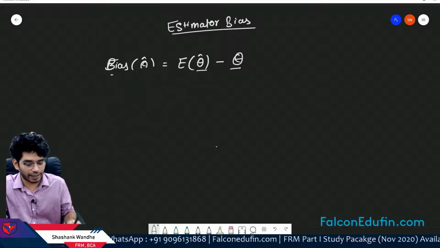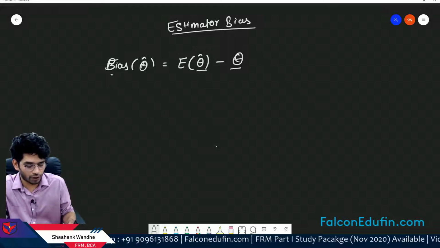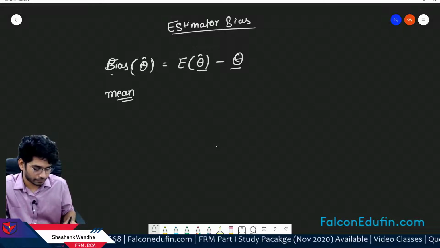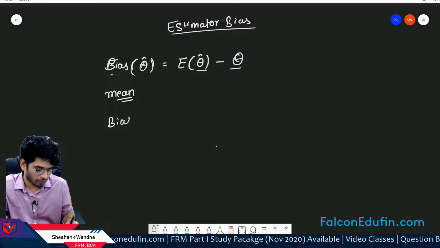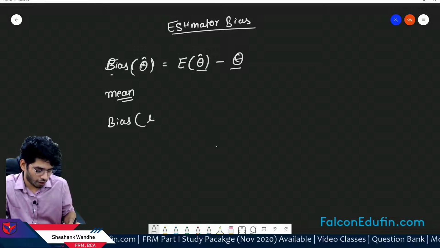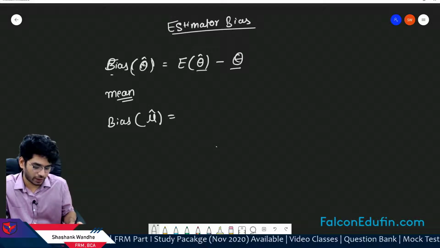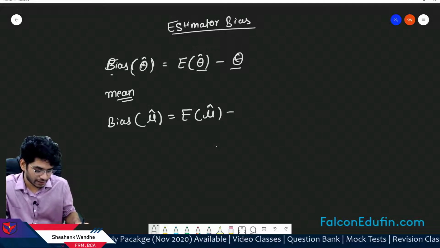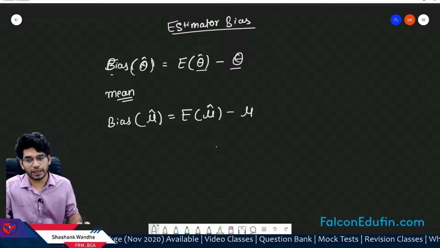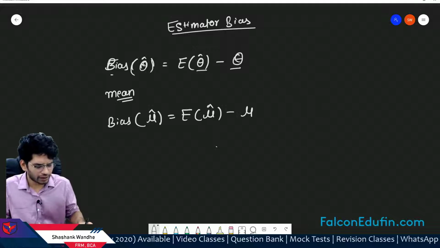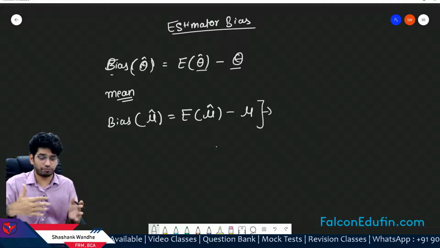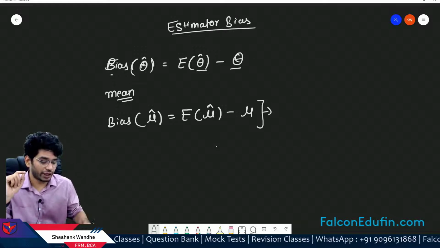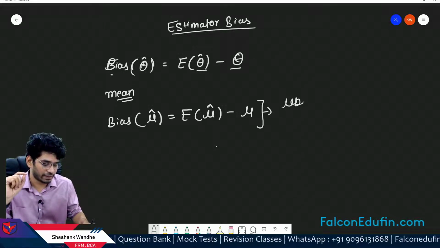So if you have to write the same equation for your mean, then the formula goes like: bias of mean estimate is equal to expected value of estimate minus population value of mean. But you don't have to think about this formula specifically for the mean, because we already know the mean is an unbiased estimate.